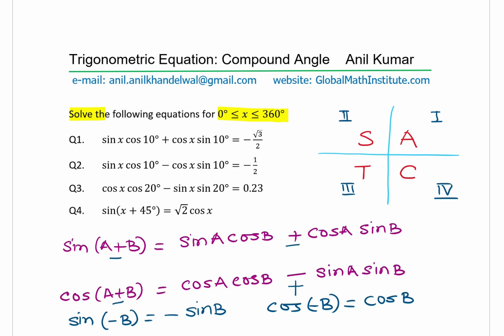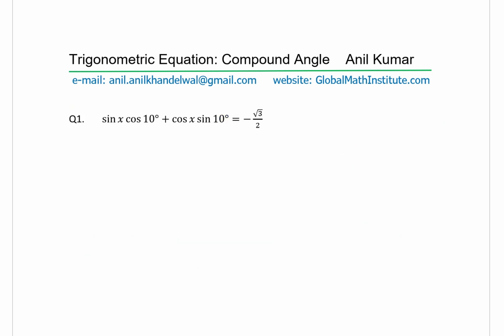So let's begin with the very first question, which is sin x cos 10 plus cos x sin 10 equals to negative square root of 3 over 2. Now applying the compound angle formula, which once again let me write down here, we have sin A cos B plus cos A sin B, which is basically equal to sin A plus B, right?